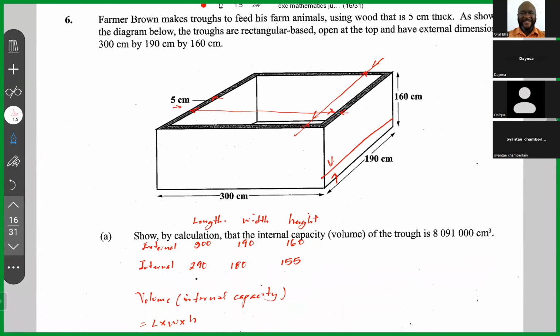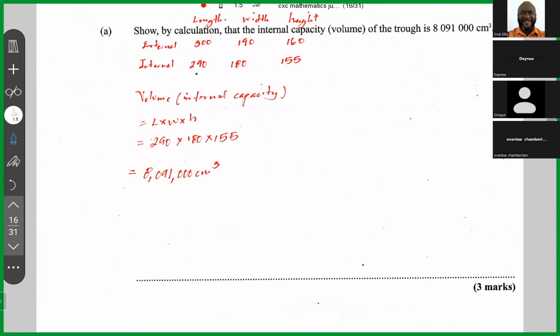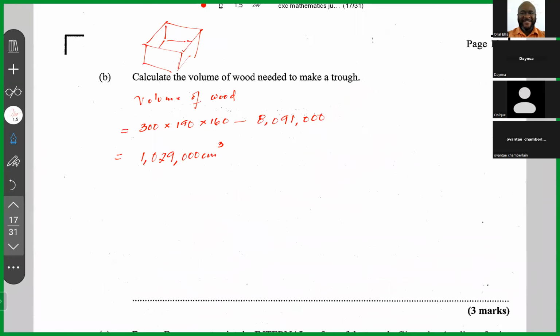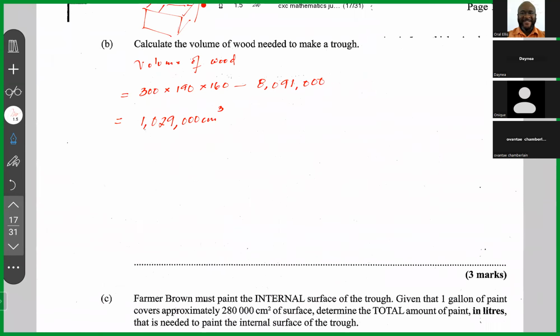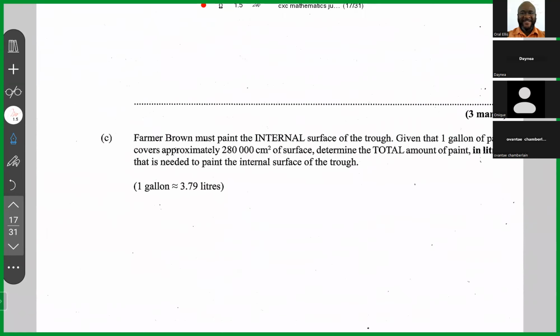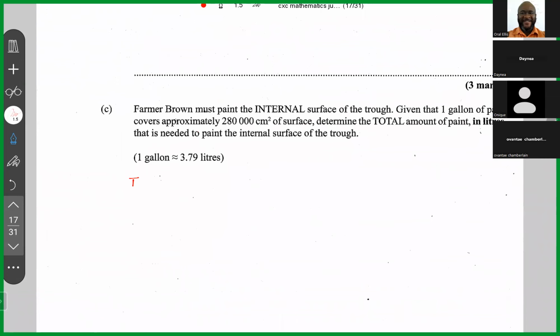All right. So in order to do this, we need to determine the total surface area of the trough, because we need to know how much area we're painting. This trough has a total of 5 surfaces. So I need to find the area of the 4 sides, the internal area.